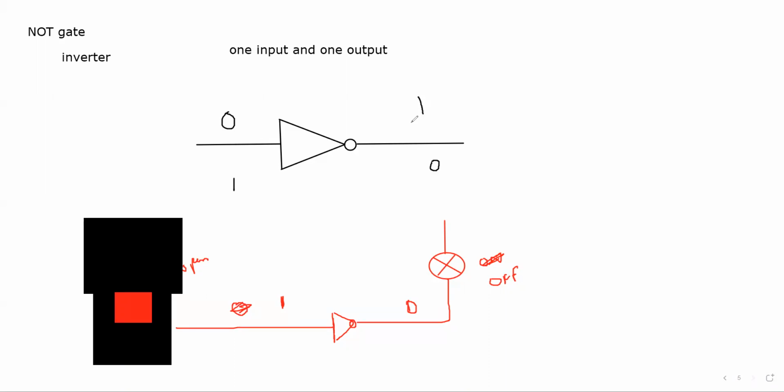When input logic is high, the output, because it is passing through inverter, will be low. Is this example clear? So inverter basically inverts the input to output. What is the NOR gate?